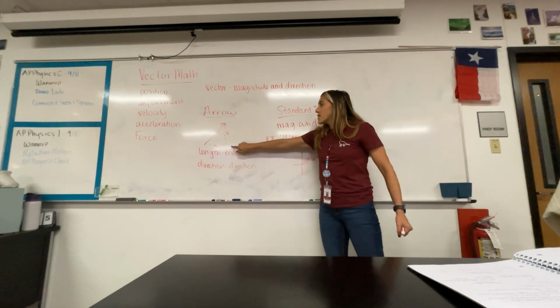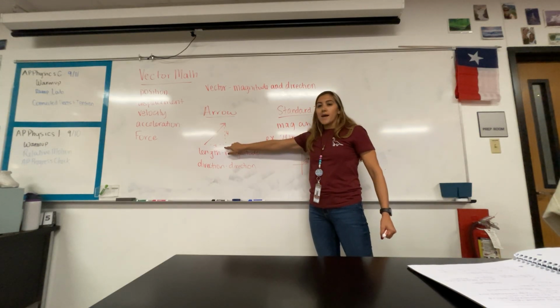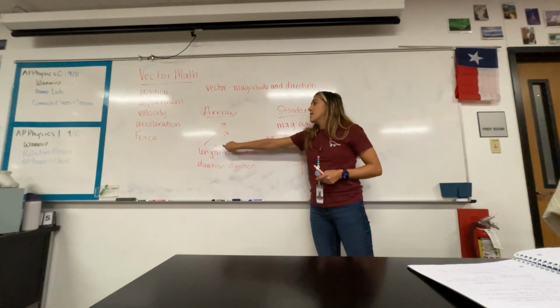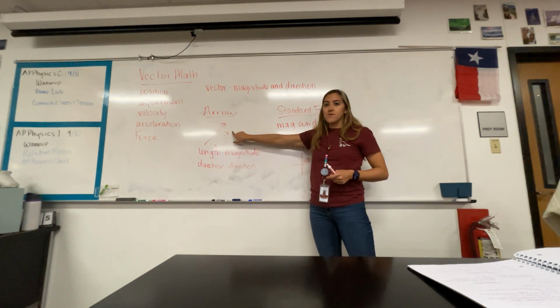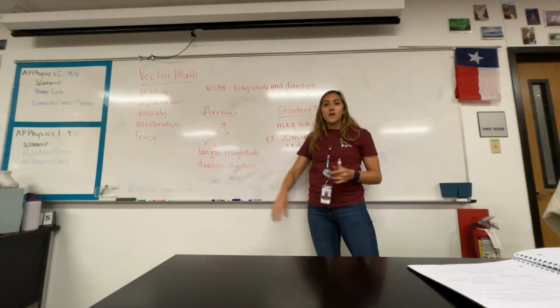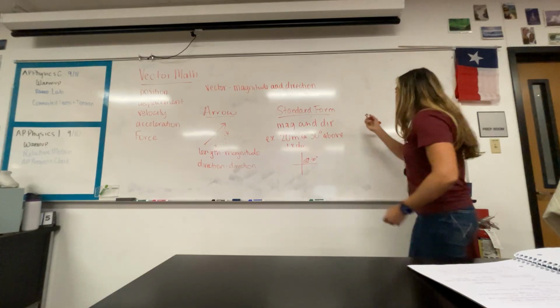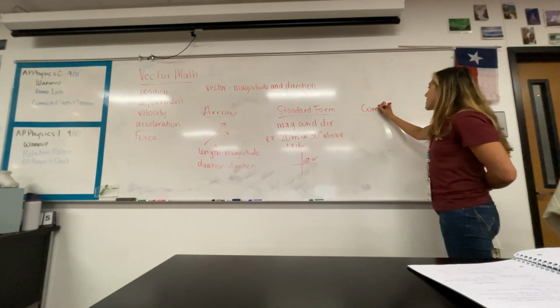Notice in this arrow though, when I gave you information about it, I gave you actually not the magnitude and direction, I gave the components, the horizontal and the vertical. So for the arrow, it could either give magnitude and direction in standard form, or it could give us what we call component form.